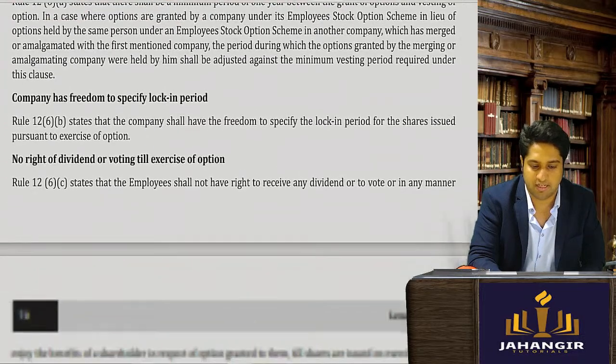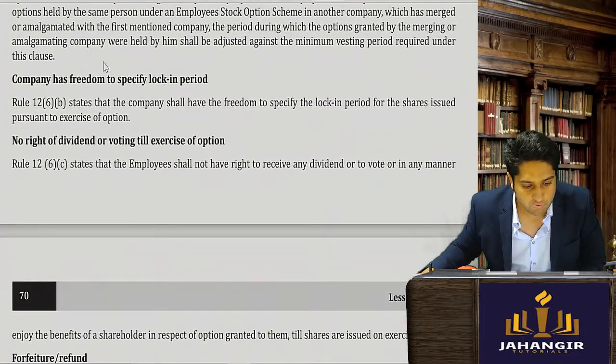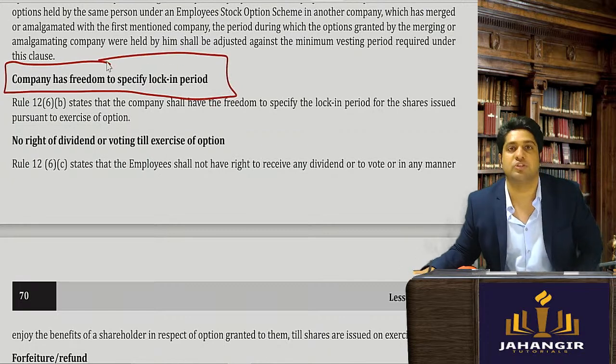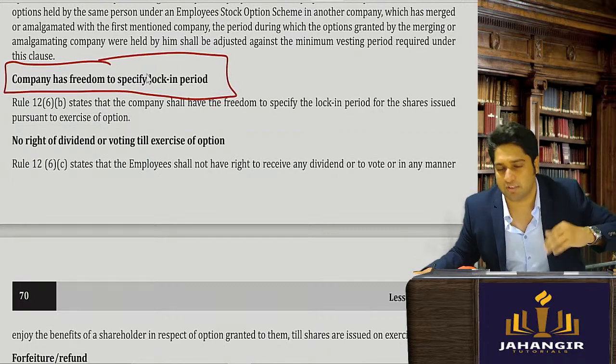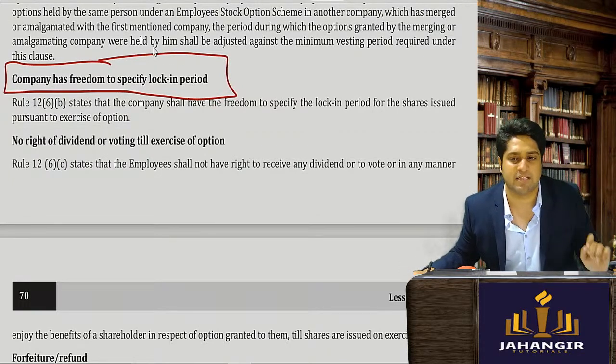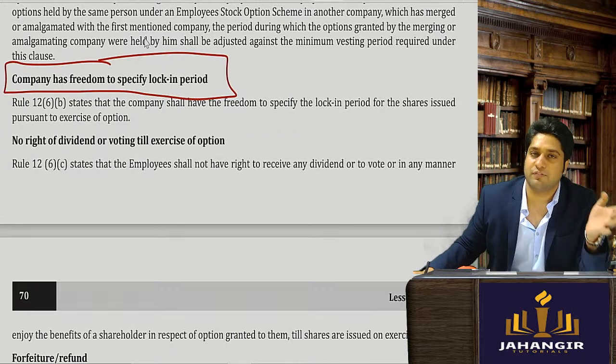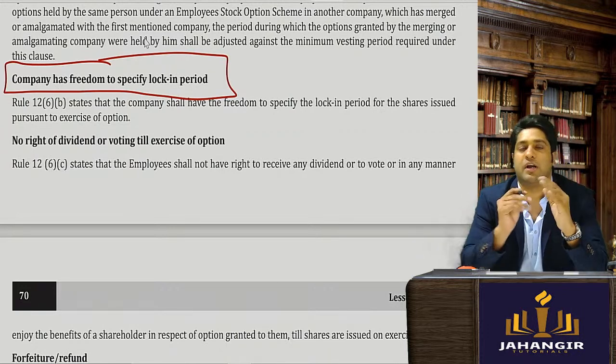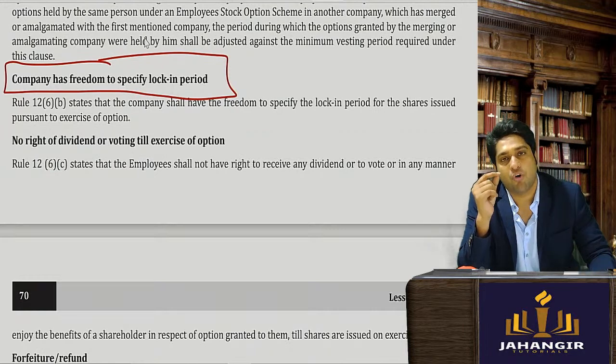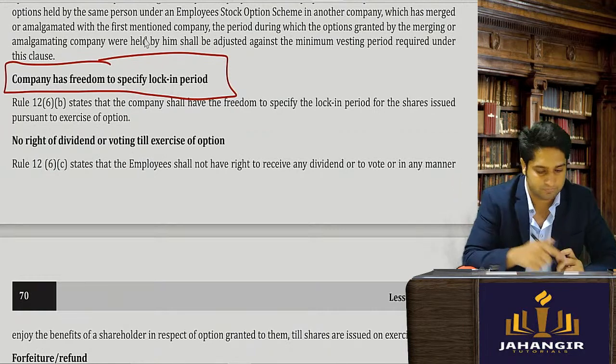So the employee has to wait for that much time. There is freedom to specify the lock-in period. If the company wants, they can keep the lock-in for that much time. The employee cannot leave the company. If he leaves, he will lose the ESOP rights. So the company has the freedom to lock the securities, but the lock-in will be for more than 1 year.